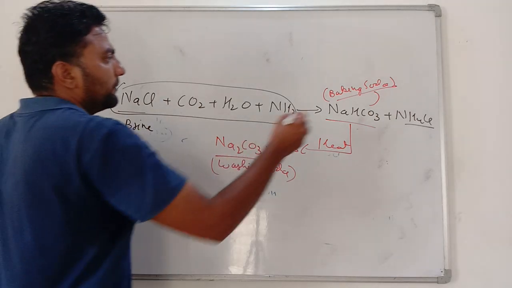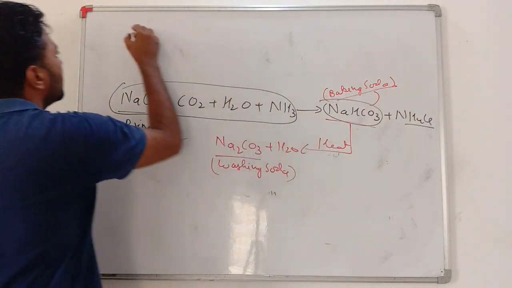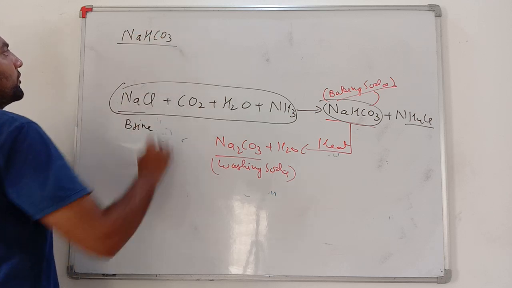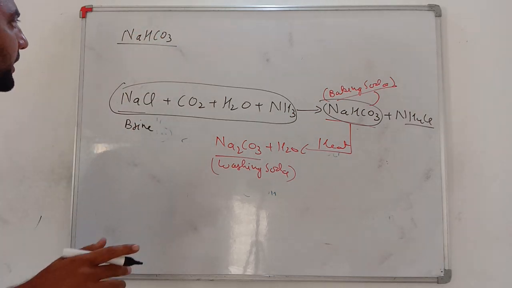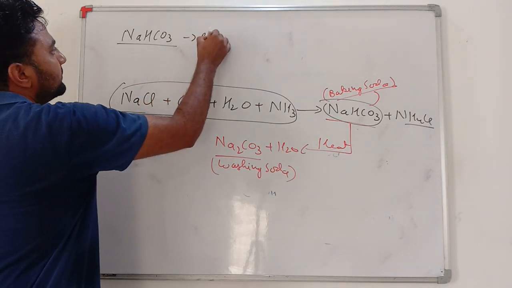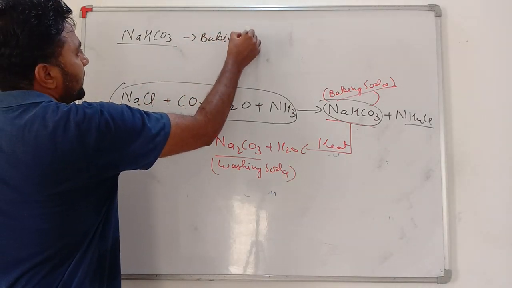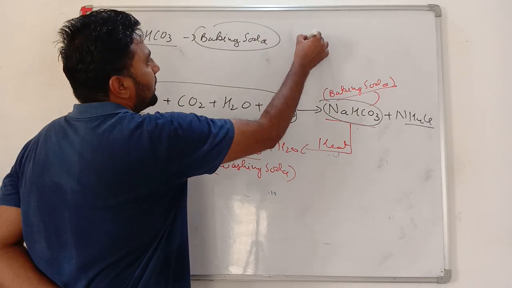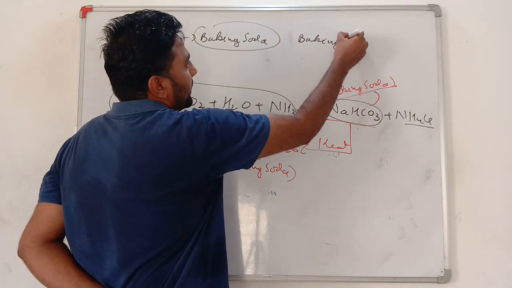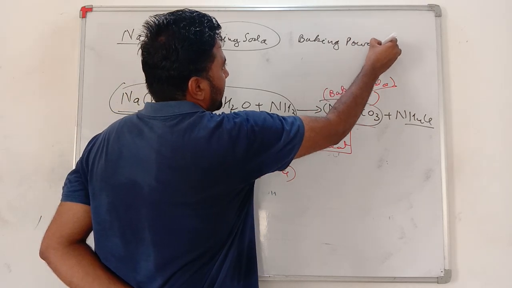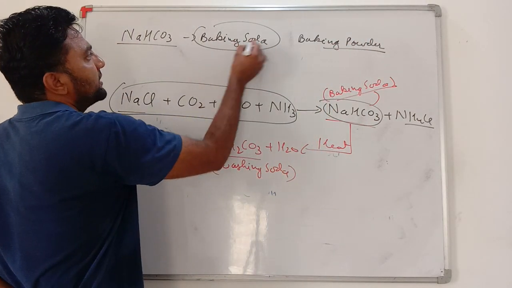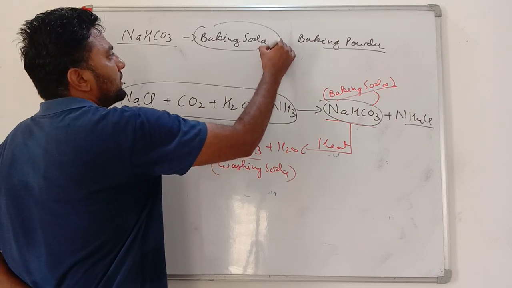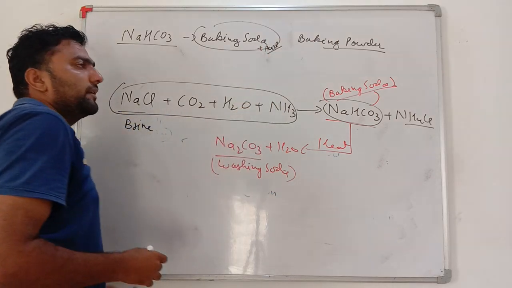See my dear student, baking soda, NaHCO3, sodium hydrogen carbonate or sodium bicarbonate, is used for baking. Very important my dear student. Baking soda and baking powder are different. Basically, baking powder is a mixture of baking soda plus a mild acid, such as tartaric acid.